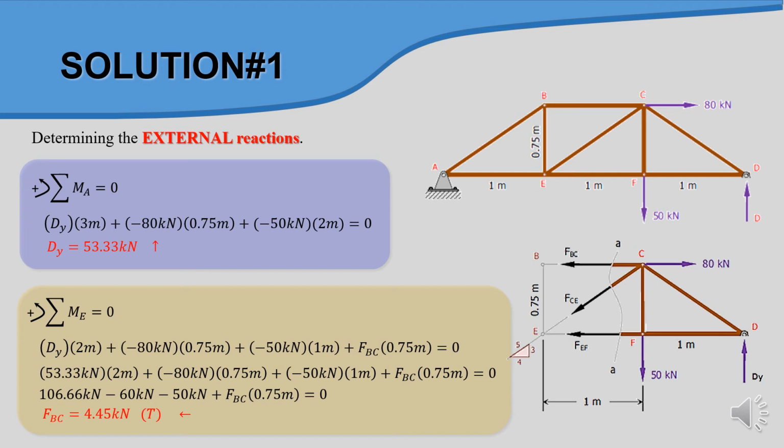In order to get the values of FBC, FCE, and FEF, you can choose which point you want to start at, whether at C, at F, at E, or at D. Once you start at C and E, you can get the value, but it depends on the question, the structure.